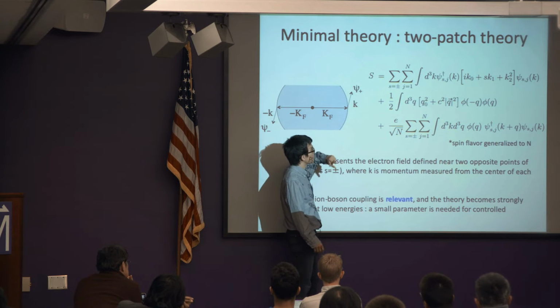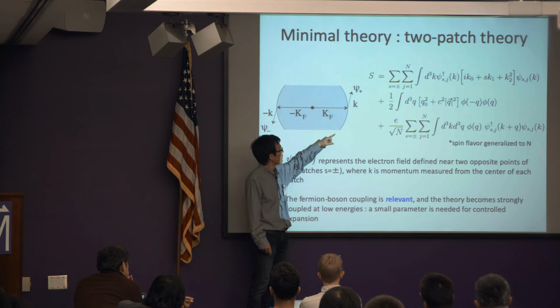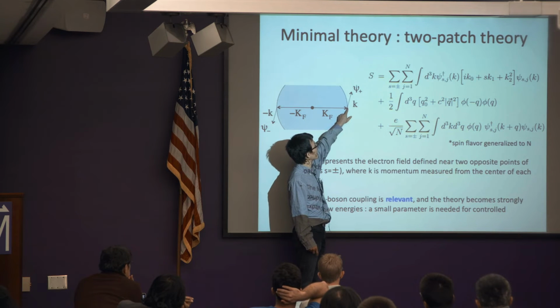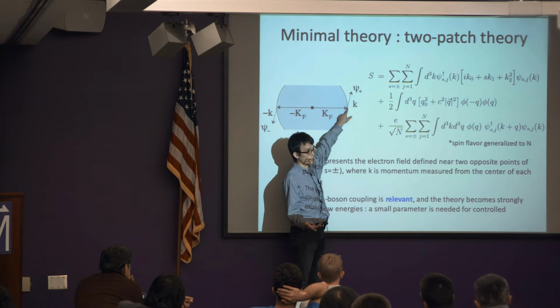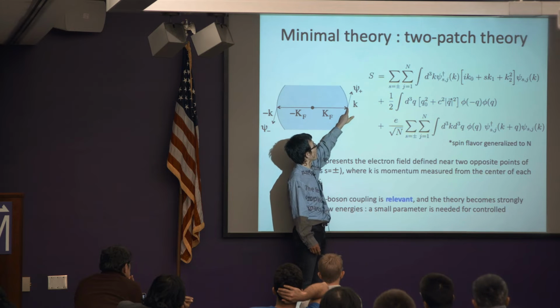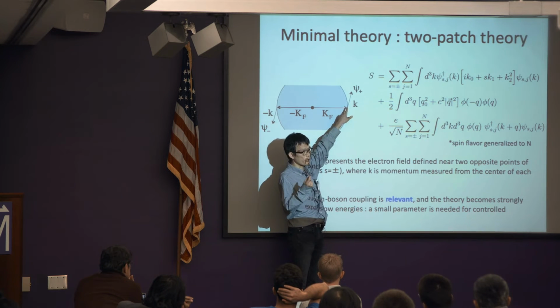So now we can focus on the patch centered at one momentum, say in the x direction. Then you can expand your momentum away from this point, this little k, a deviation from the center of the patch.